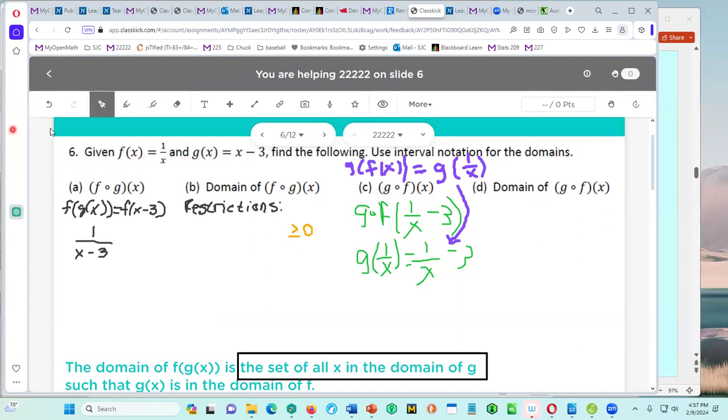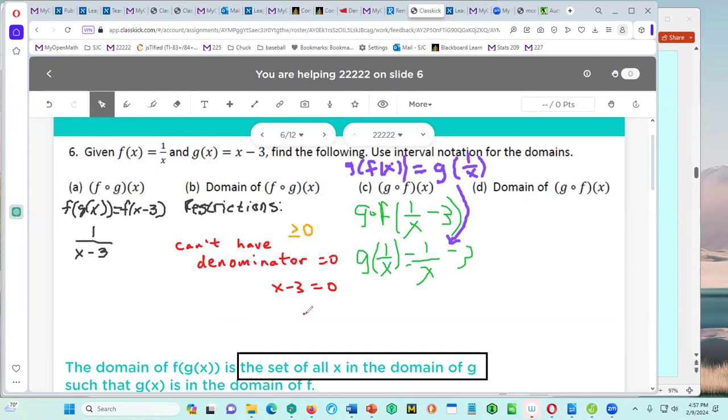So the big issue is we can't have a 0 denominator. We can't have x minus 3 equal to 0.